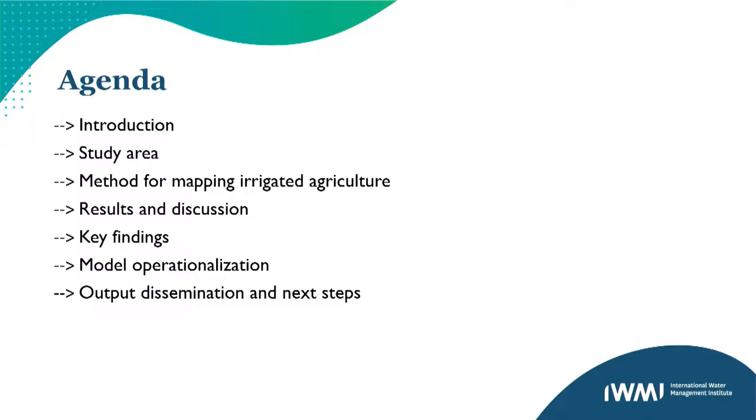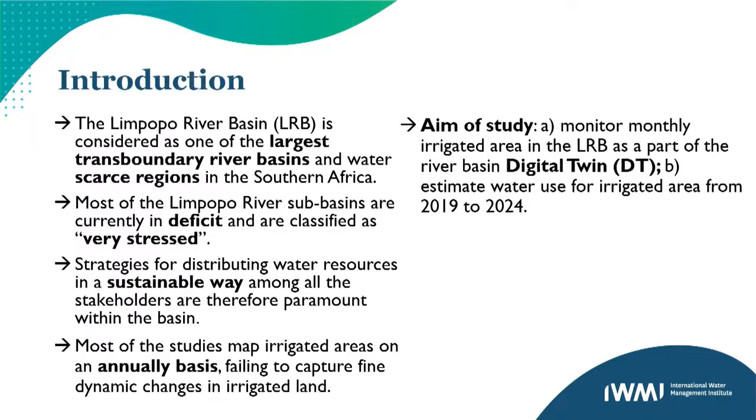These are the items that we are going to discuss in our presentation. Next, please. As I said, we conducted our research in the Limpopo River Basin. It's one of the largest transboundary river basins and water scarce regions in Southern Africa. And some of its sub-basins are classified as very stressed.